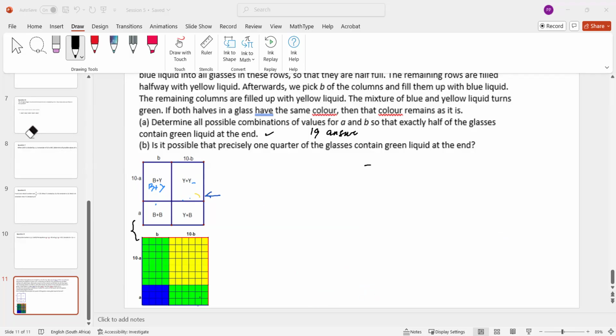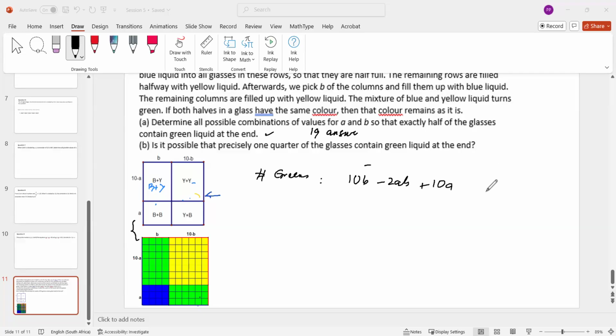When we calculated this, we saw that the number of greens, if you recall, originally was something like 10B minus 2AB plus 10A. Yeah, it was like this.